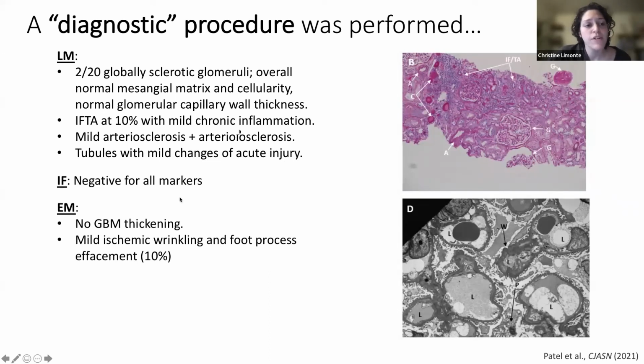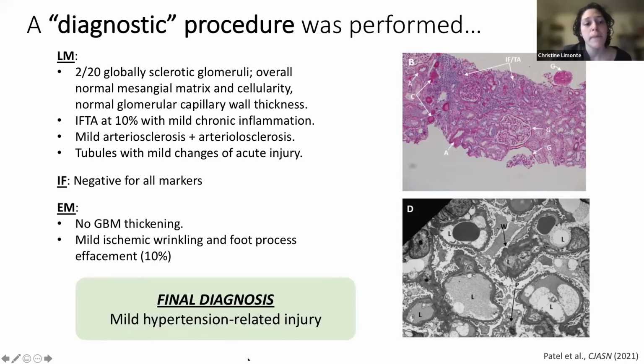IF was negative for all markers, and EM showed no GBM thickening, but did show some mild ischemic wrinkling and foot process effacement at 10%. So the final biopsy pathology diagnosis here was mild hypertension related injury, no mention of diabetes related injury.